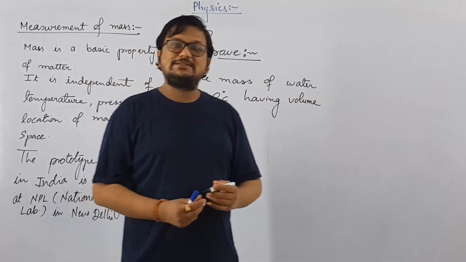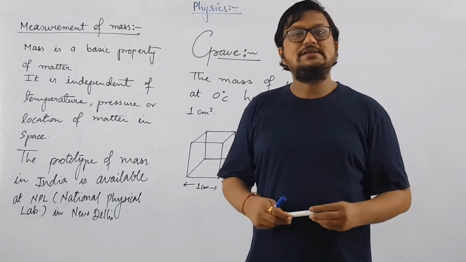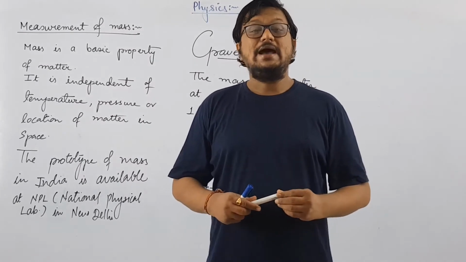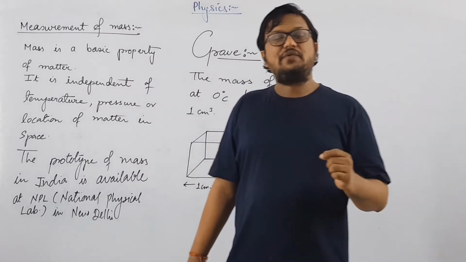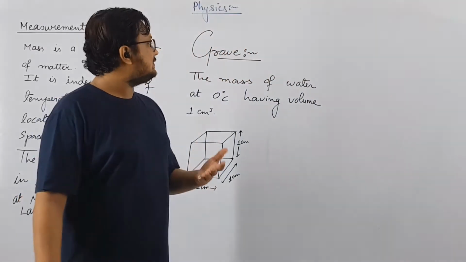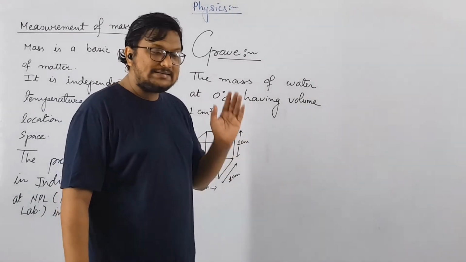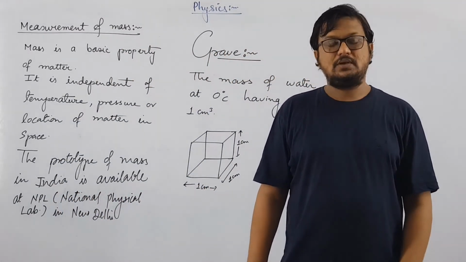Why 0 degrees Celsius? Because at that time it was quite easy to attain as well as to maintain 0 degrees Celsius. So the unit was defined as 1 grave, which is the mass of water at 0 degrees Celsius having volume 1 centimeter cube.